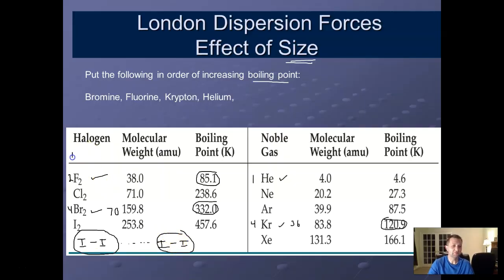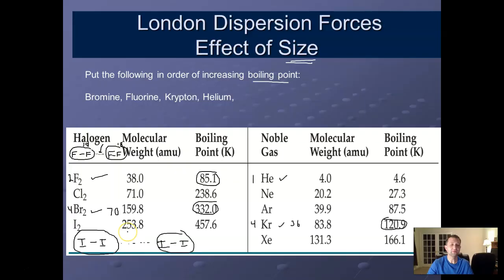Whereas if I had a fluorine molecule attracted to another fluorine molecule, the force of attraction between them is going to be relatively low because each fluorine molecule only has 9 times 2, so 18 electrons here, 18 electrons here, compared to 106 and 106.